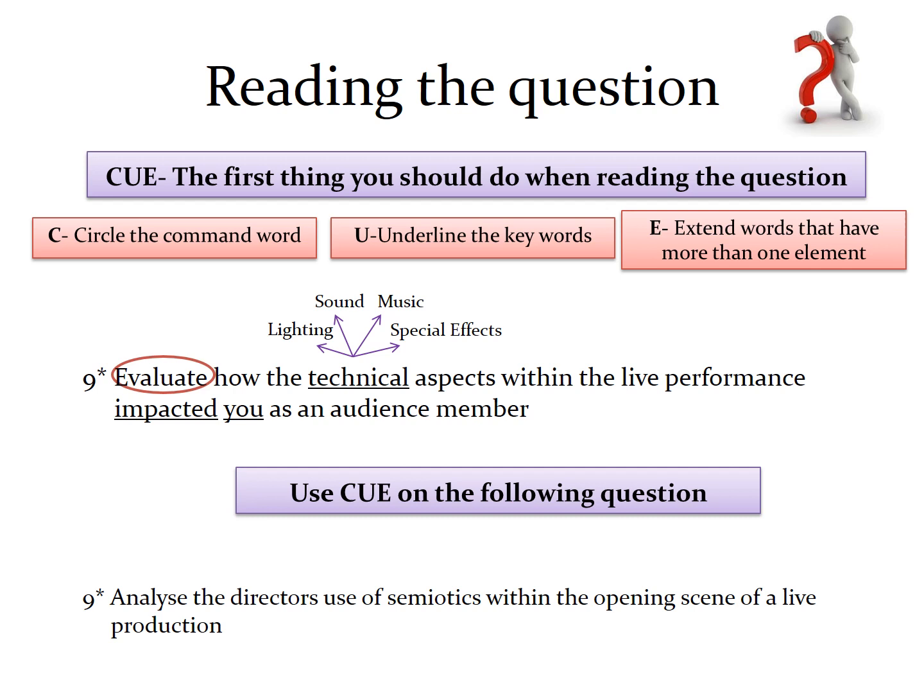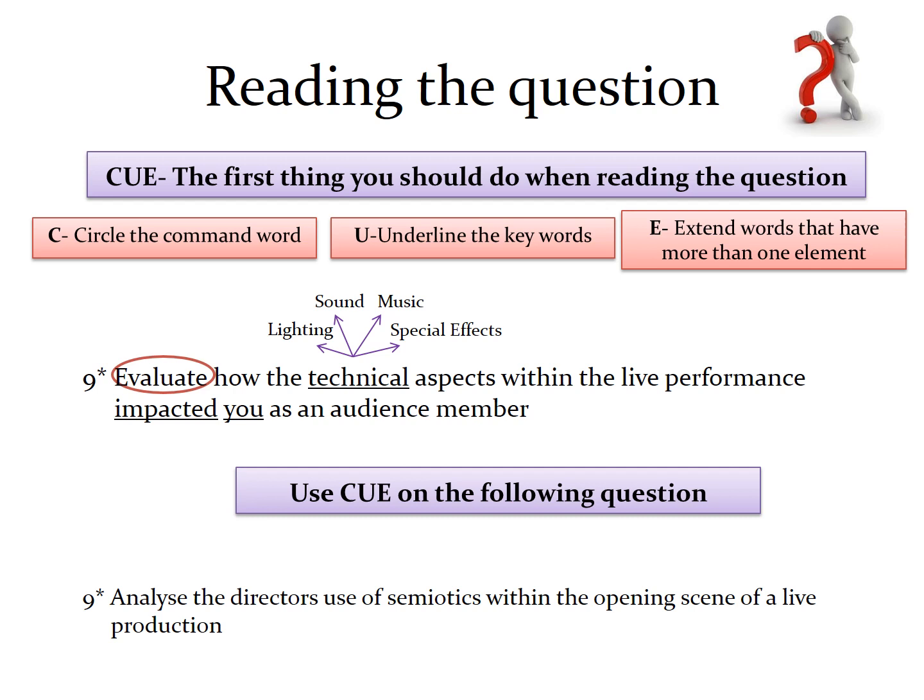But I would always start with an introduction where you sort of tell the examiner what it is that you're going to answer. So for the first one here, maybe in the production of Peter Pan, the technical aspects had a real impact on me. I will be discussing how lighting, sound, music, and special effects affected me as an audience member.